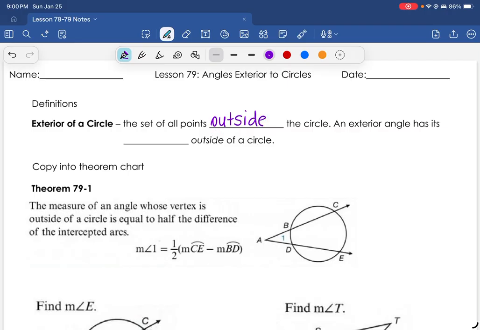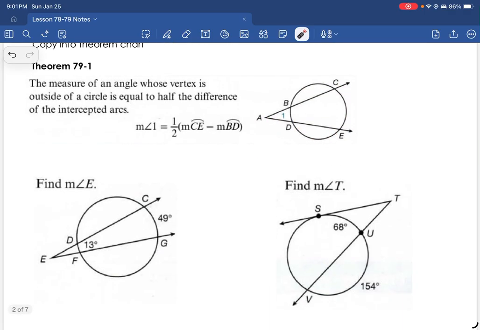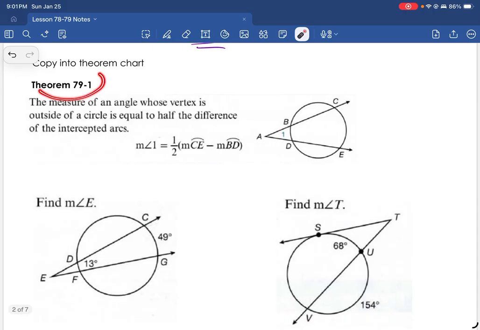So if I added these two and took it out of 360, I could find what's left for the arc that I need. So 360, subtract the sum of 68 plus 154 equals 138 degrees.